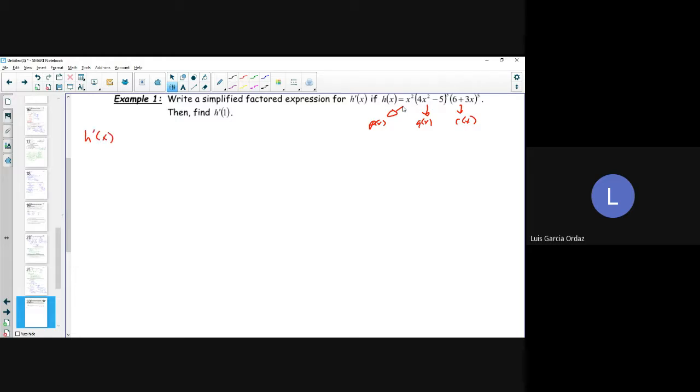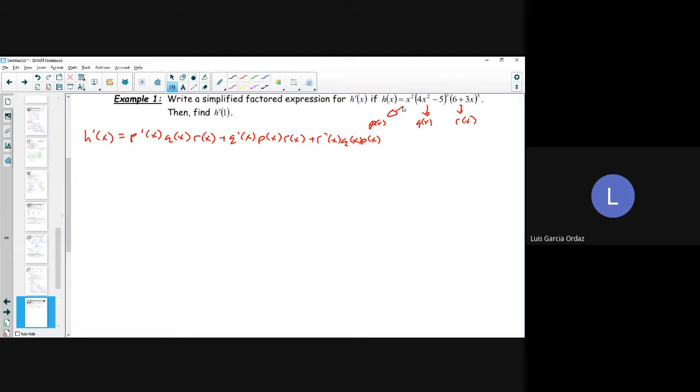What that looks like is the derivative of p of x multiplied by q of x times r of x, plus the derivative of q of x times p of x times r of x, plus the derivative of r of x times q of x times p of x. As you guys can see, this is already going to get annoying.